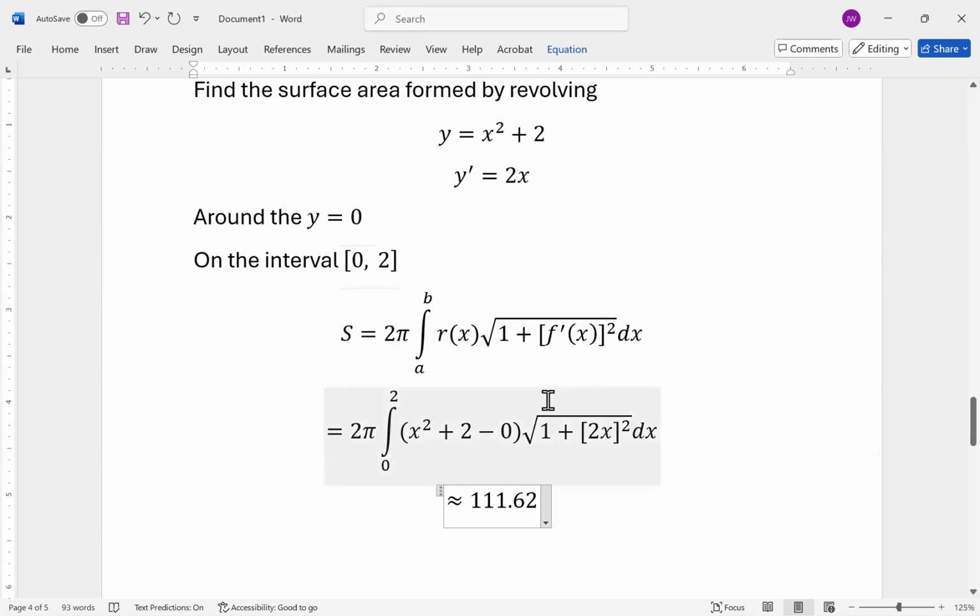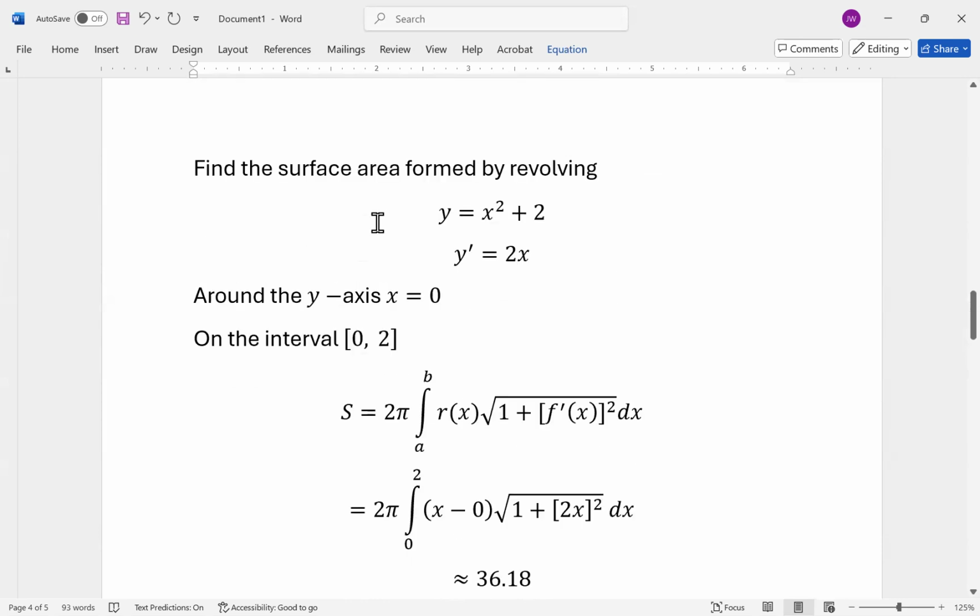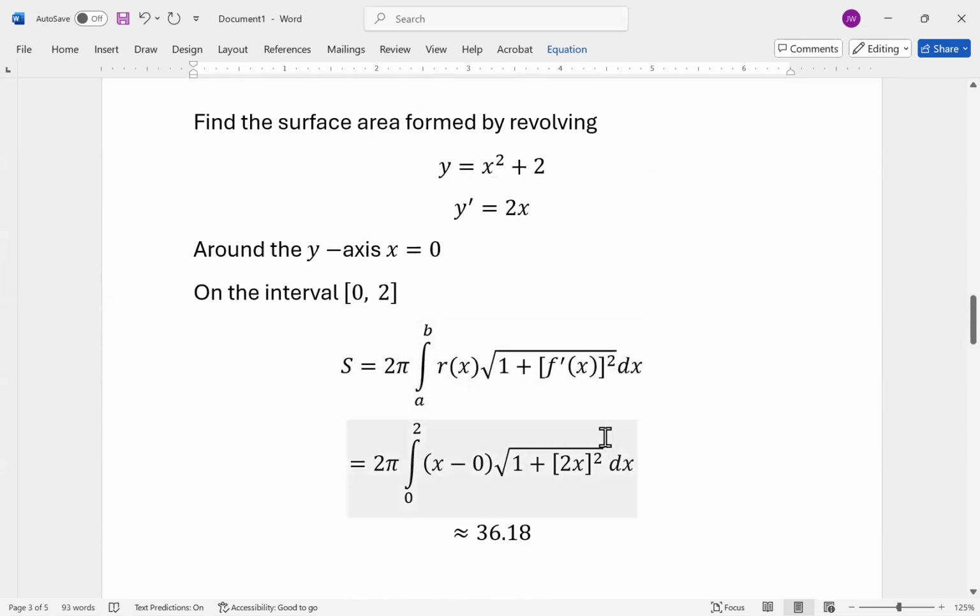Obviously, the surface area of the object we get revolving around the x-axis is much different than the surface area that we got revolving around the y-axis because these are very different shaped figures.